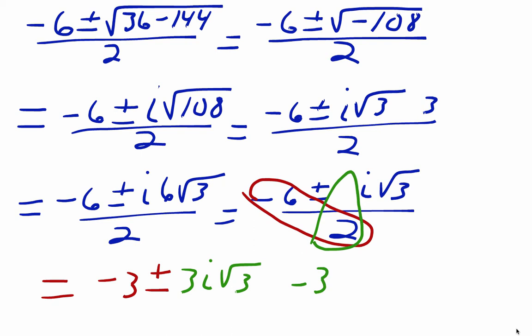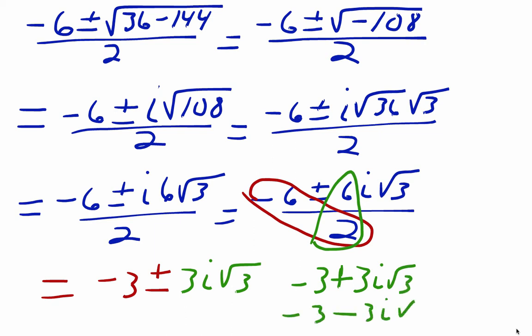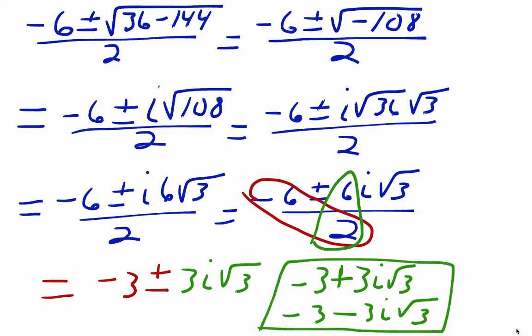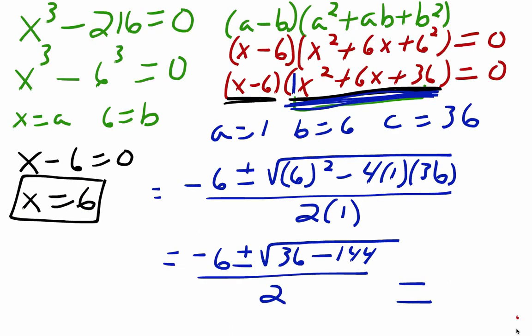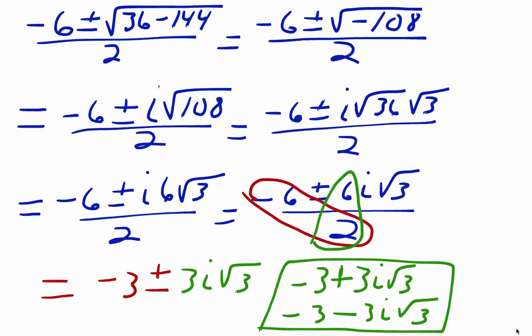So my final answer would be negative 3 plus 3i square root of 3 and negative 3 minus 3i square root of 3. Those are my two answers, and I already had one from before on the other slide, which was x equals 6.